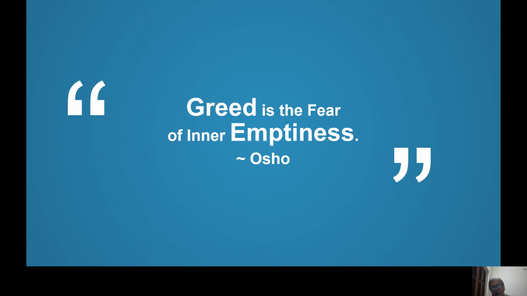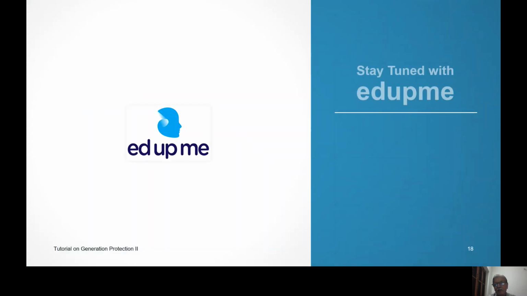Grid is rather infinite. It never ends. So be happy with whatever you have, because whatever you have is not what you deserve. God has given me more than what I deserve.